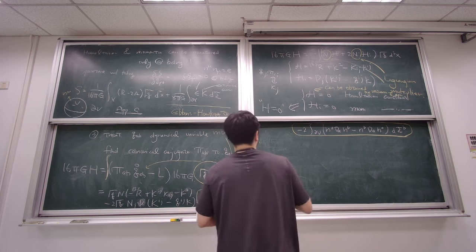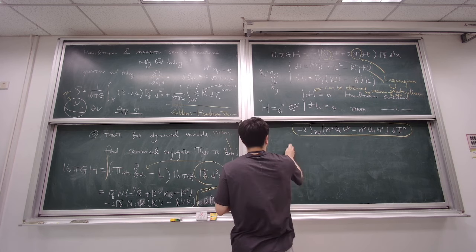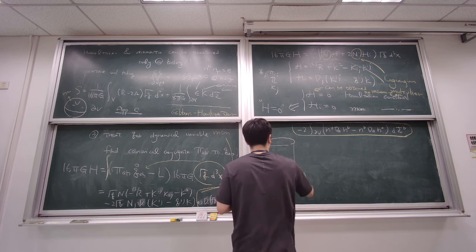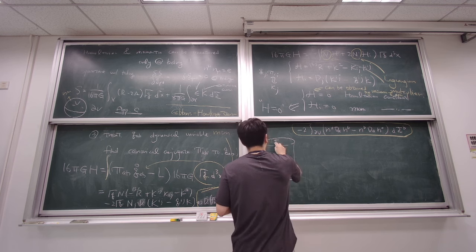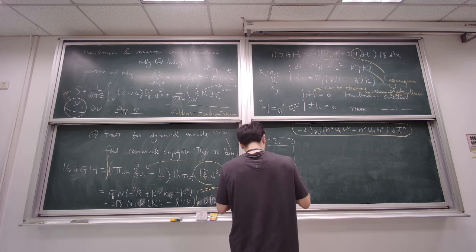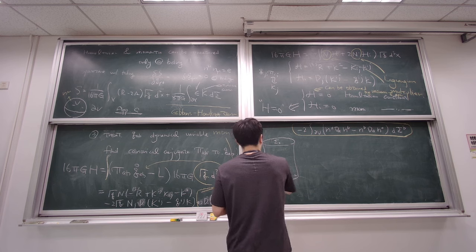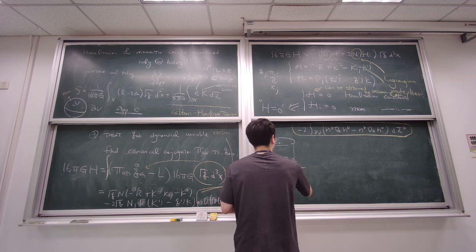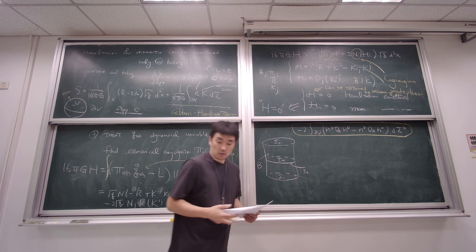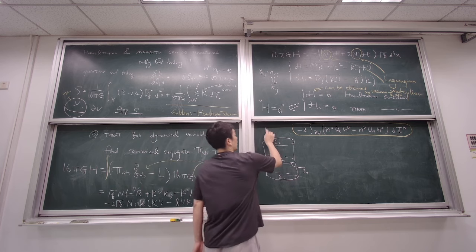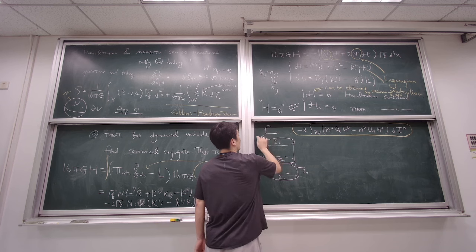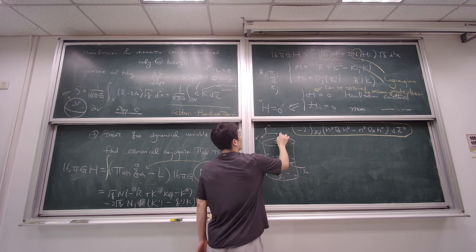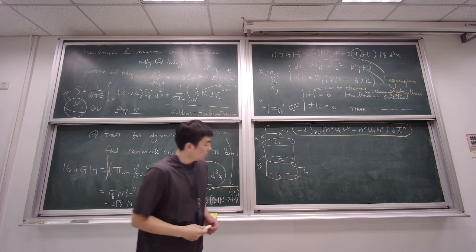To do that, we consider the following space-time. Consider the hypersurfaces sigma 1 and sigma 2, and B is a boundary, and here sigma t. This direction is t, and then x1, x2, x3 directions.